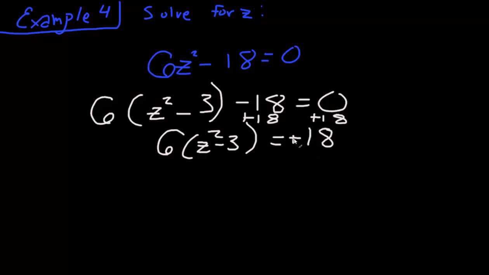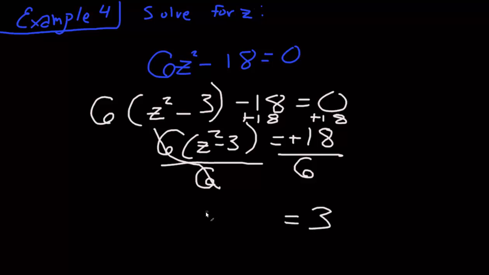We don't even really need that positive sign, but I went ahead and wrote it anyways for some reason. Okay, and the way we're going to get rid of this 6 is I'm going to divide both sides. And since these are in parentheses, we're going to divide the whole thing. Cancels on the left side. And on the right side, that's going to equal 3.